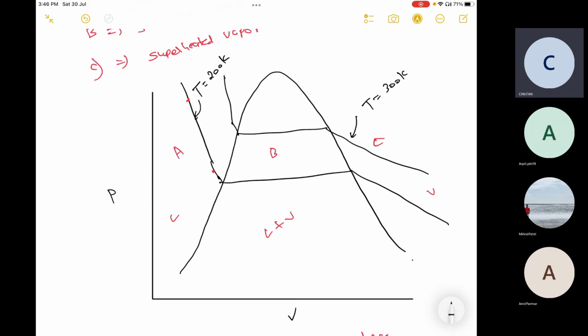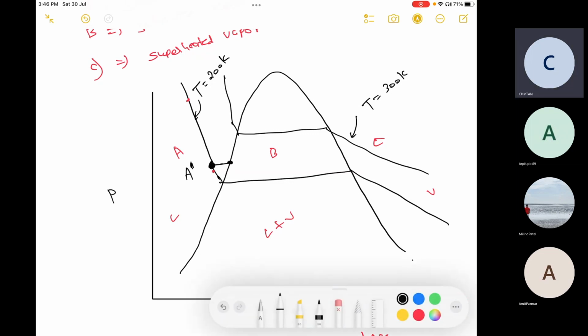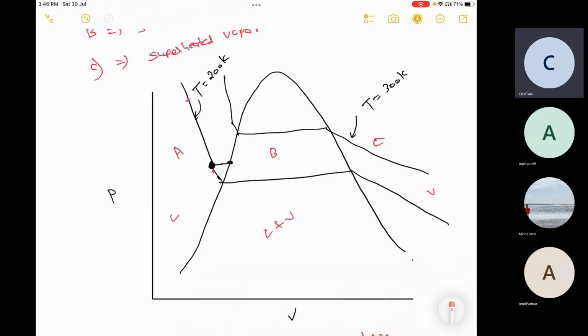Now consider this point as A dash. Don't use ABC here, we can use 1, 2, 3 in Roman in place of that. So let's suppose this is point 1, this is point 2, and it's moving toward this and we are reaching here.